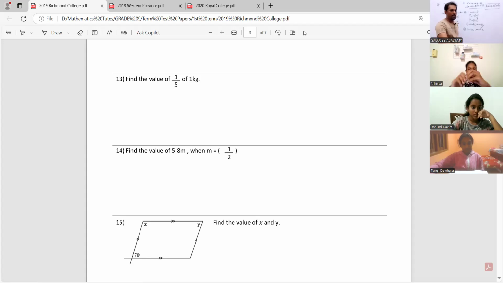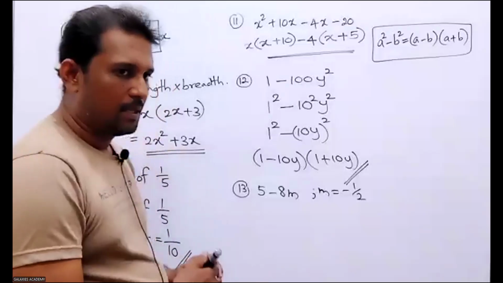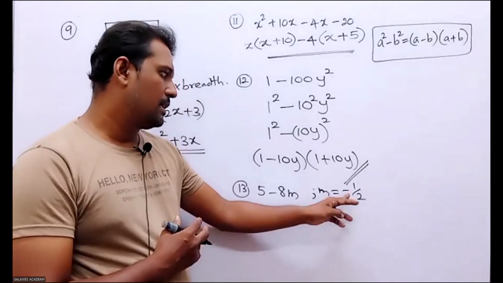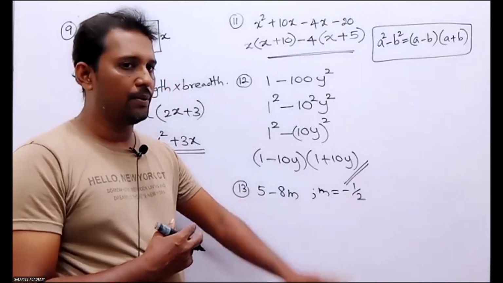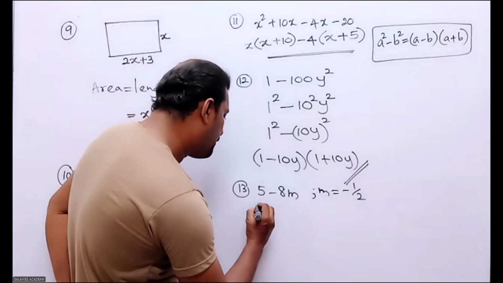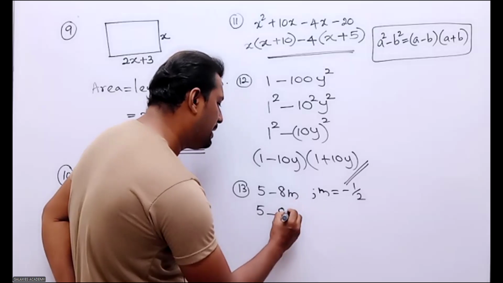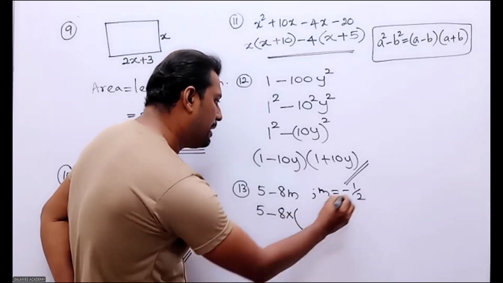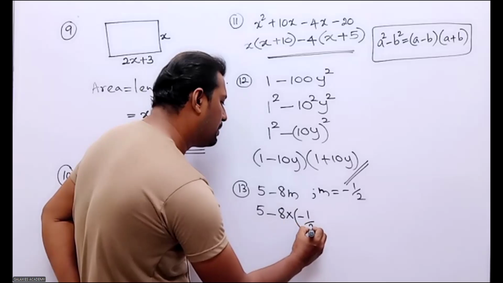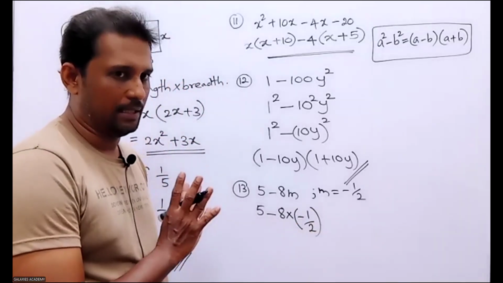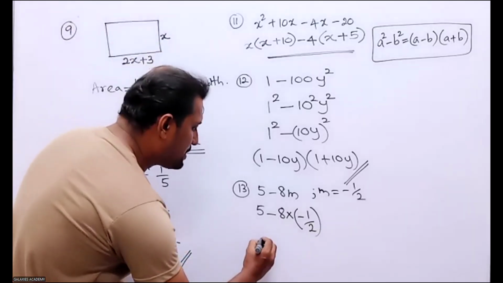Then you have to find the value of this expression. Okay. Do it carefully, because the substitution part is given a negative value. Right, 5 minus 8. 8m means 8 multiply m. M is negative 1 over 2. Right? I substituted it. Then carefully simplify.